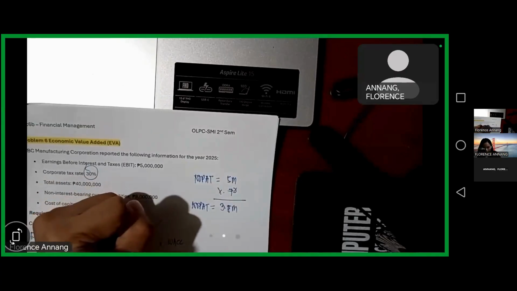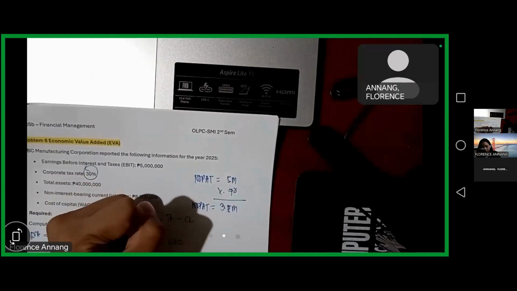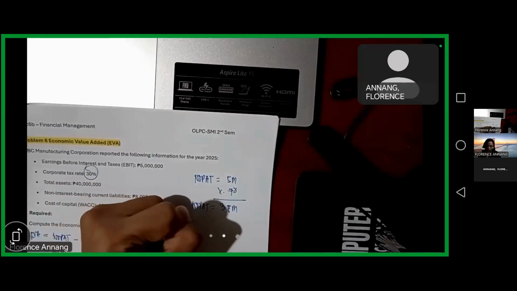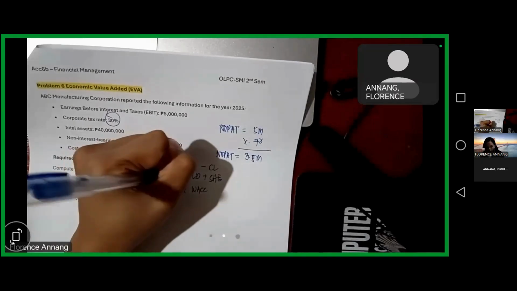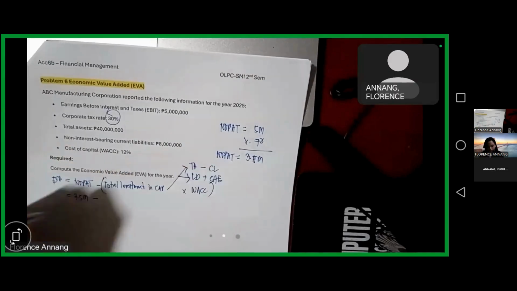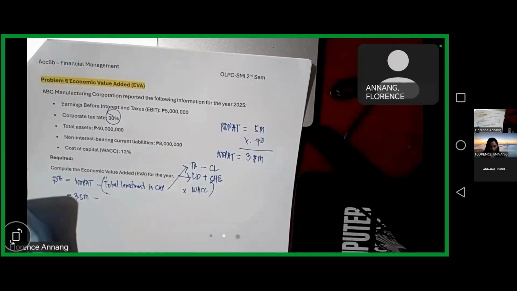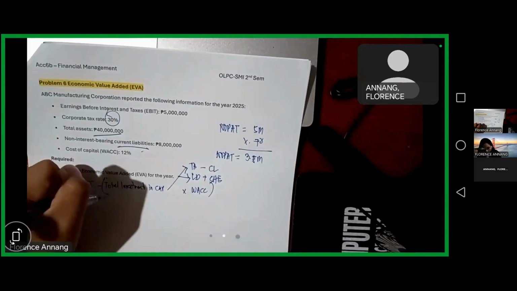So, dalawa yan. It's either your total asset less current liabilities or your long-term debts plus your shareholders' equity. Yan ang ating total investment in capital. So, how much is our total investment in capital? That is 40 million less current liabilities na 8 million. You get 32. Tama? 32 million.